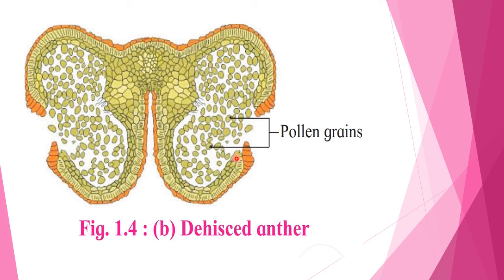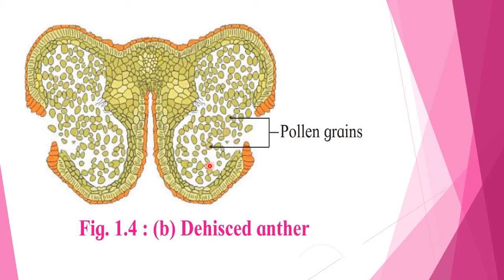If the dehisced anther is asked, you have to draw this diagram. If they will be particularly mentioning, then dehisced anther you have to draw this diagram only. Okay, so if it is asked TS of anther generally, then the first diagram you have to draw, and if TS of dehisced anther is asked, then you have to draw this diagram.